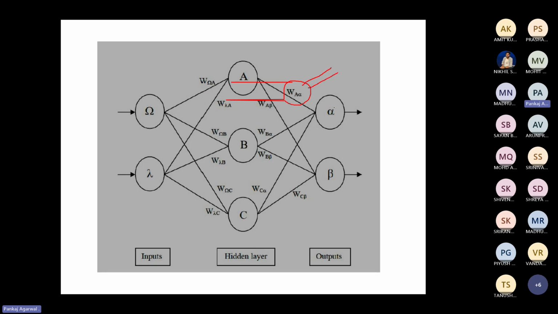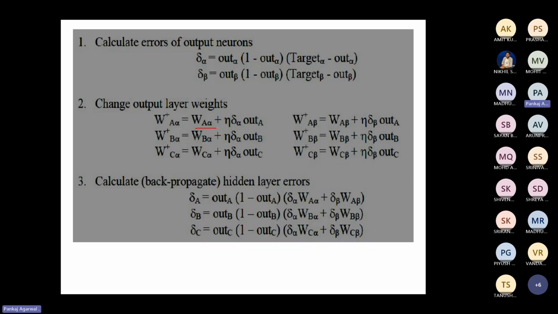It is dependent on the error which I calculated here, and the output which I got from here, and also the learning rate. That is how you see it: the older weight plus learning rate, output at alpha, and the error which was calculated.